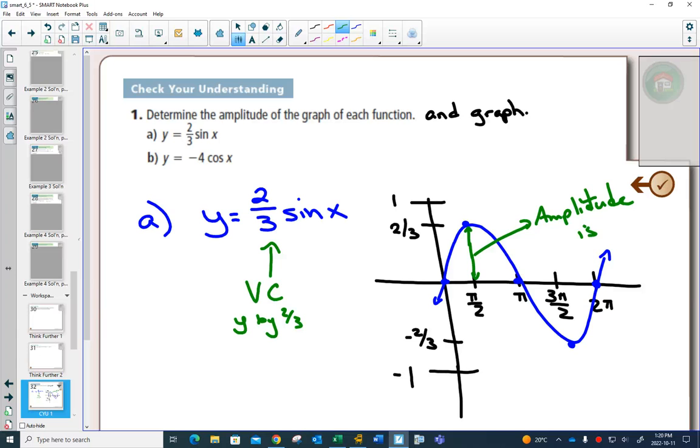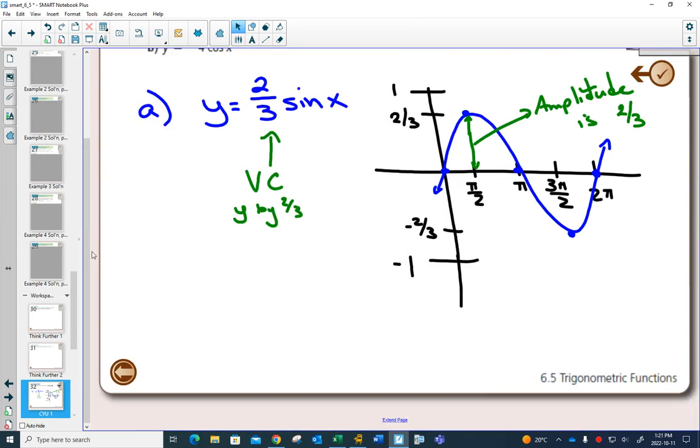It was 1, but since we compressed it, it's now 2/3. So as a shortcut, we're going to find out that the number in front of sine or cosine is the amplitude. So in B, already, I can tell you that the amplitude is going to be 4. Amplitude is always a positive number because it's the distance from the center line to the maximum. So even though there's a -4 in front, I already know that the amplitude is going to be 4.